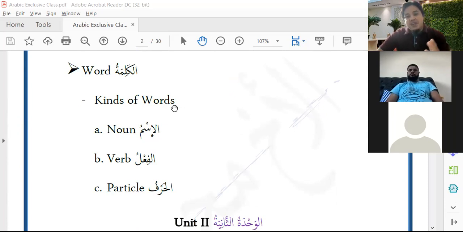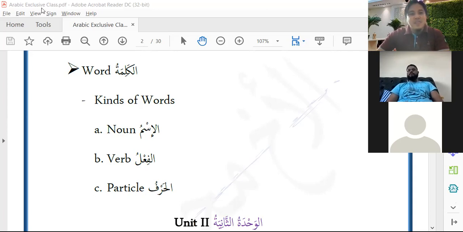So we have here the kinds of words for us to create a sentence in Arabic, or not only a sentence, but also to create a paragraph. Like, for example, if you are going to write a letter in Arabic, we are going to compare how we do it in English and how we do it also in Arabic, inshallah.